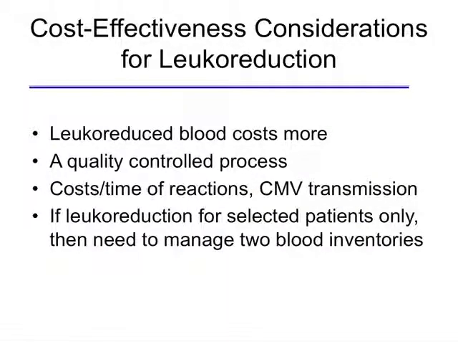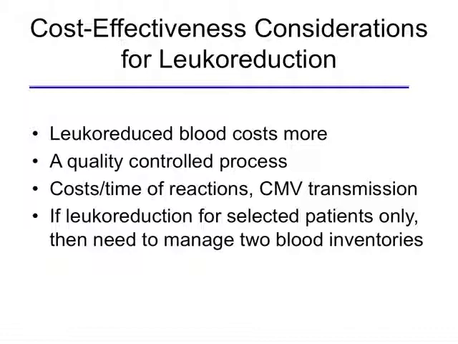So why not leukoreduce everything? Well, there are cost effectiveness trade-offs. Leukoreduced blood costs more. Leukoreduction is a quality controlled process, and there have to be systems in place to provide leukoreduction.